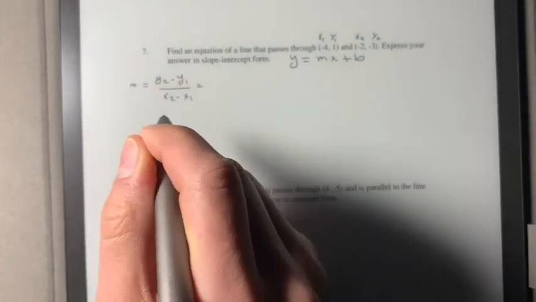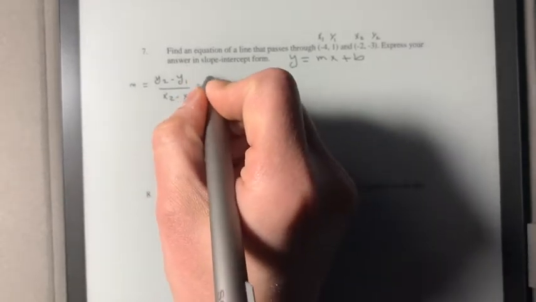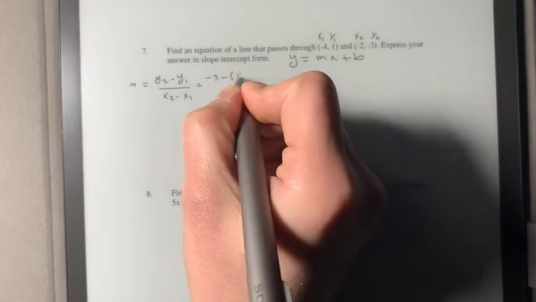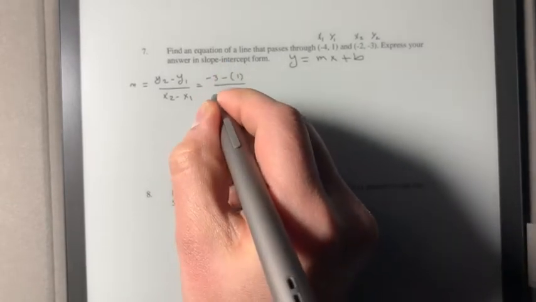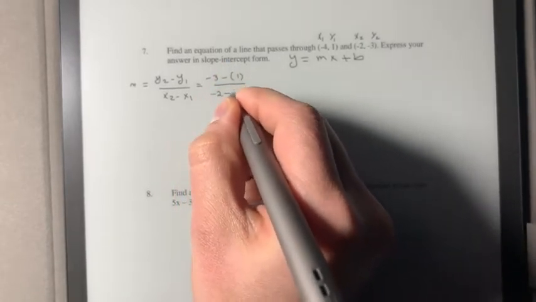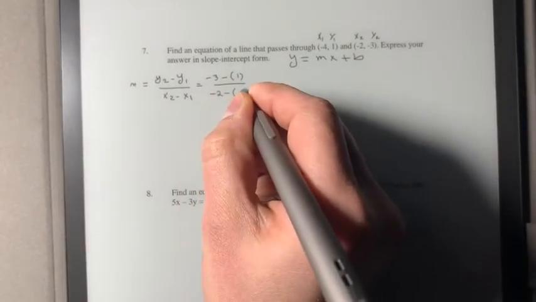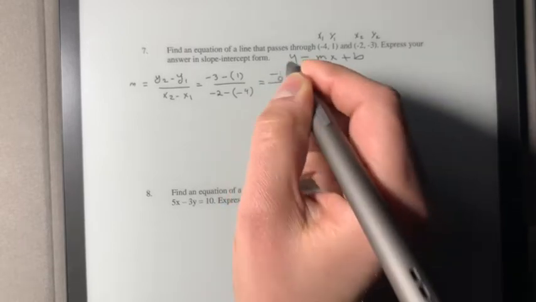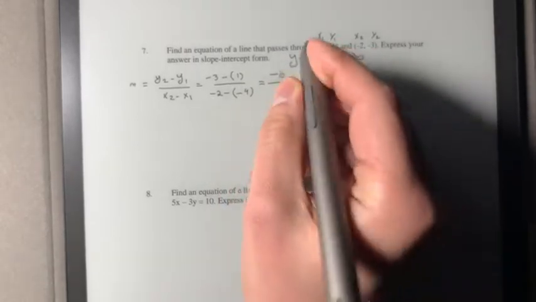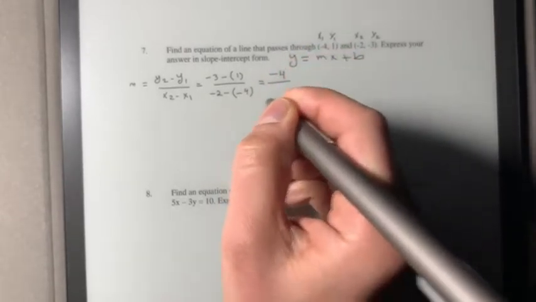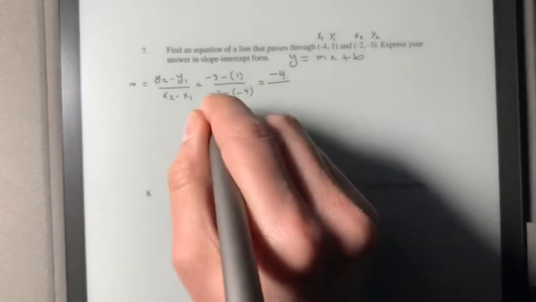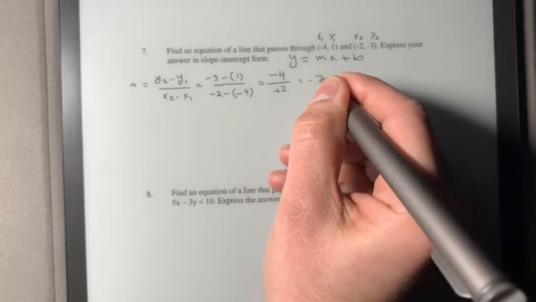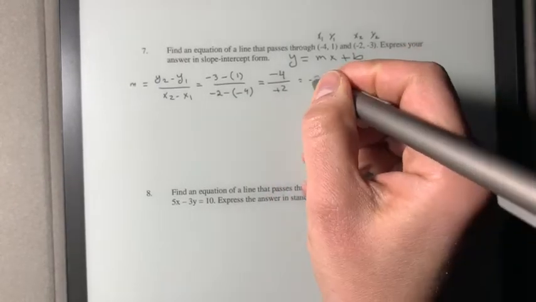Instead of y2, I'm writing down -3 minus, instead of y1, we have 1. Instead of x2, I have -2 minus, instead of x1, we have -4. So I have -4 divided by -2 plus 4, which is positive 2. So we have -2 and this is the slope.